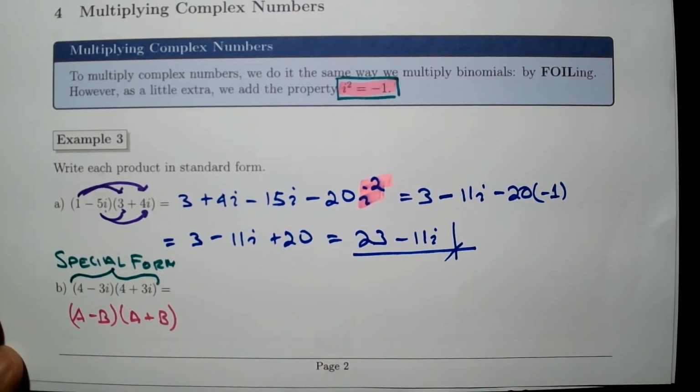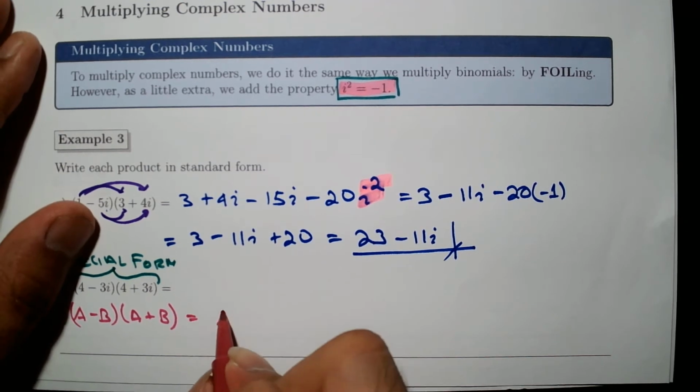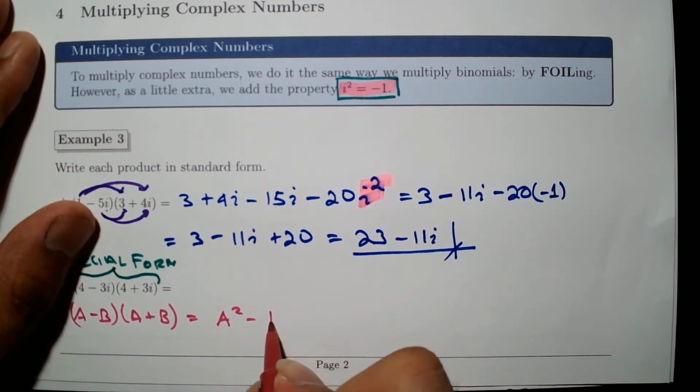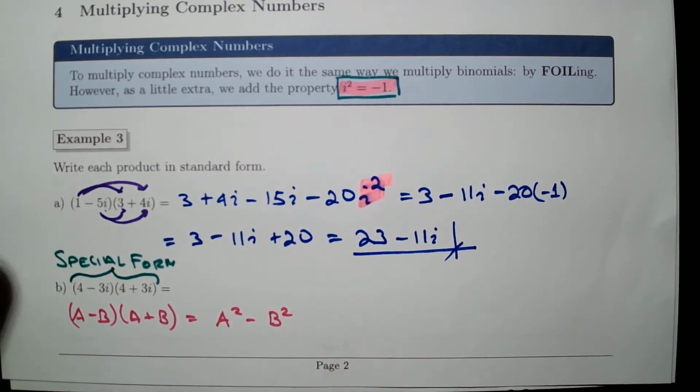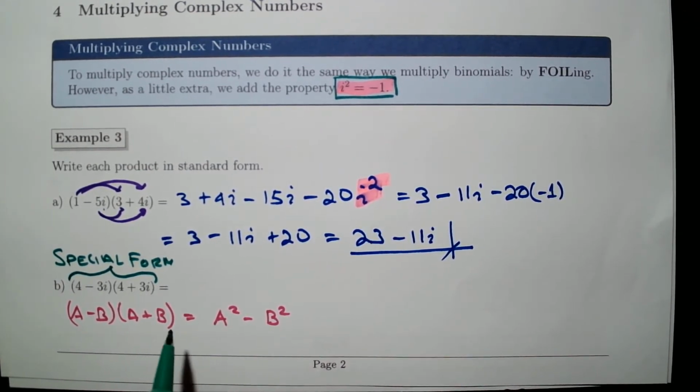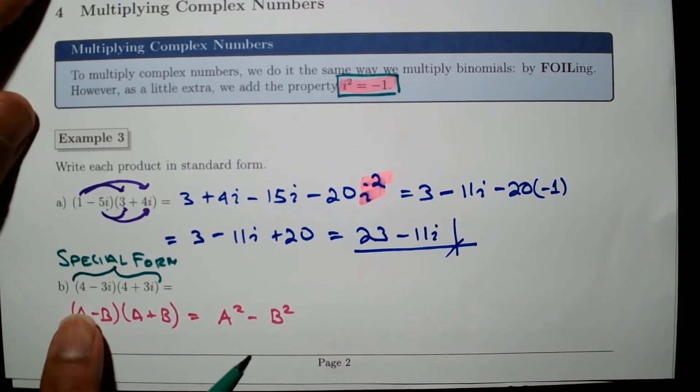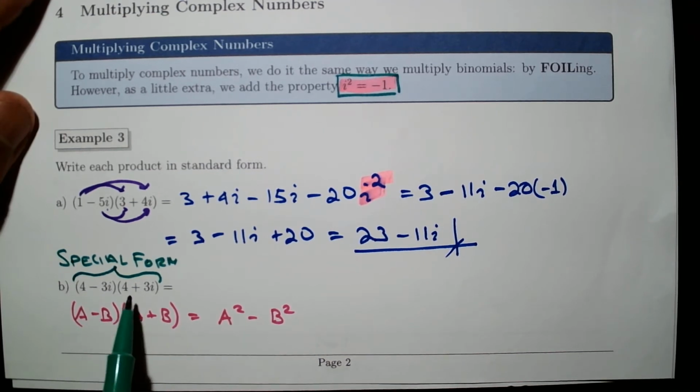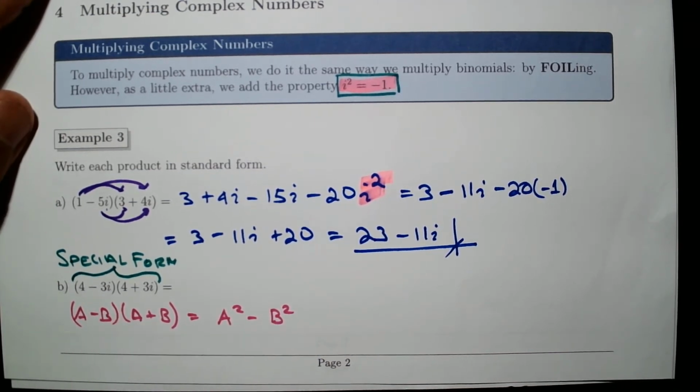Does that remind you of anything from factoring from intermediate algebra? This is the factored form of a difference of squares, a squared minus b squared. Right? This is, if you will, although not necessarily, a shortcut, because this is not going to work for every single example. Only for examples that have the product of two conjugate binomials.